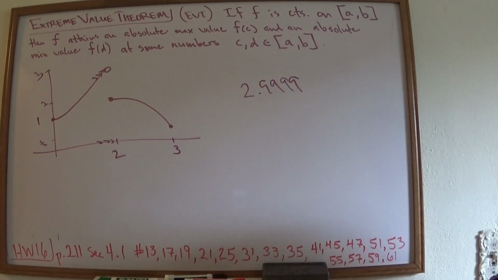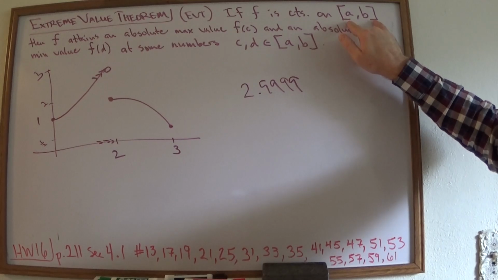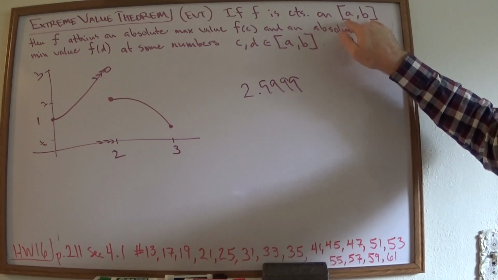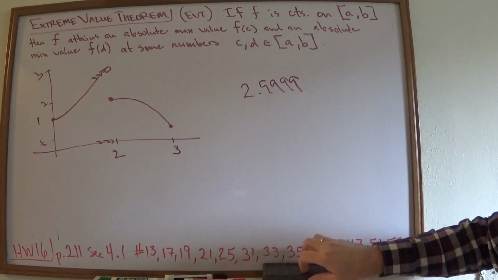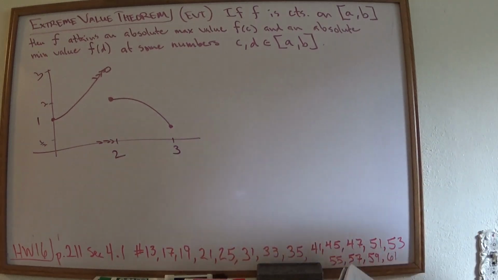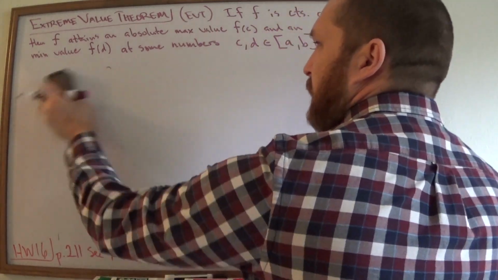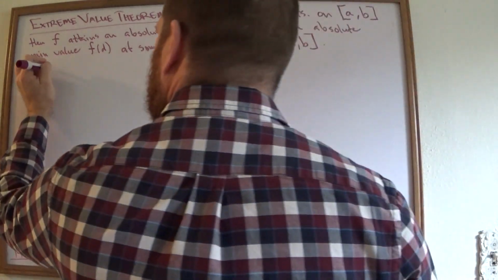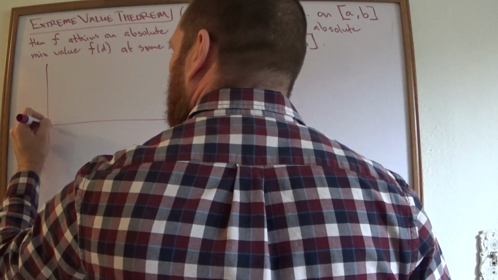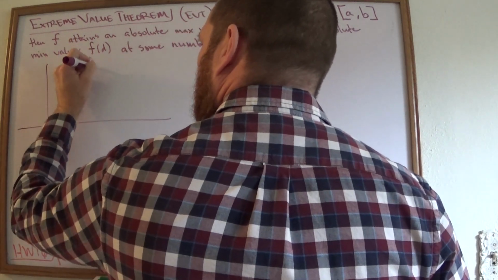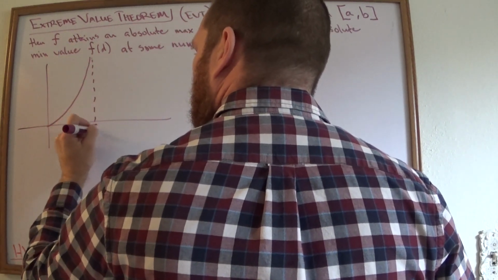Now, like I said when I first wrote this down, it's important that the interval is closed. Here's an example of how that could fail. Here's an old friend of ours, let's take a look at this function.